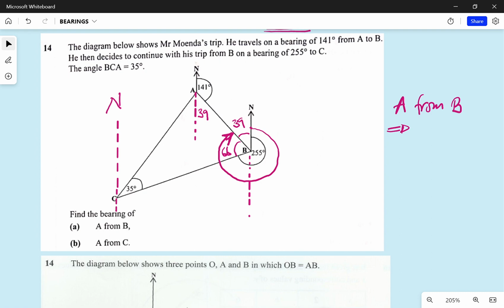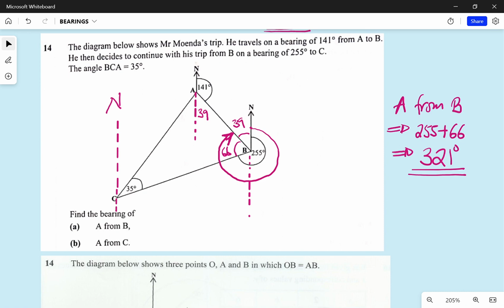So I'm just going to get the 255 there and add 66. 255 plus 66 is 321 degrees. That is my required bearing of A from B.